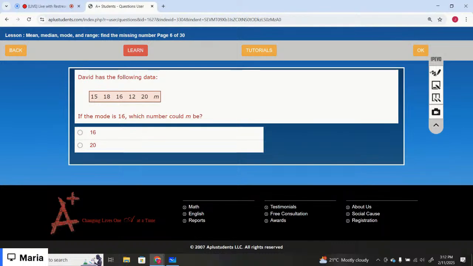Mode is 16. That means 16 has to appear most of the time in the given data, right? But you can see 16 is only once.